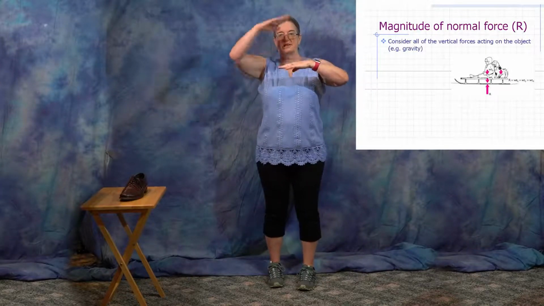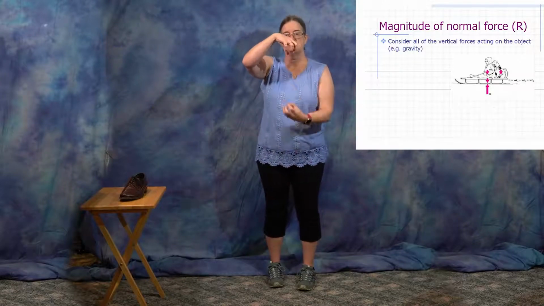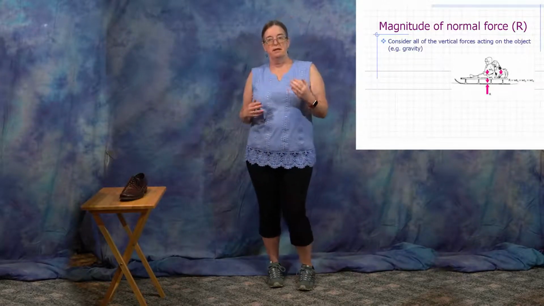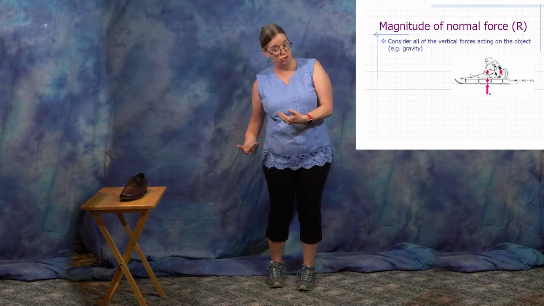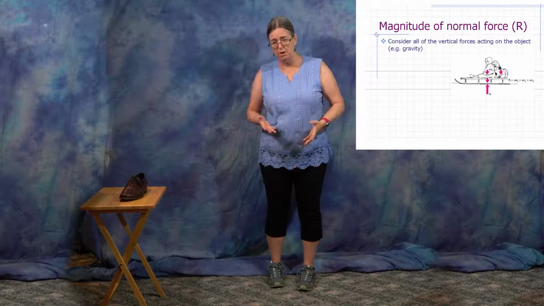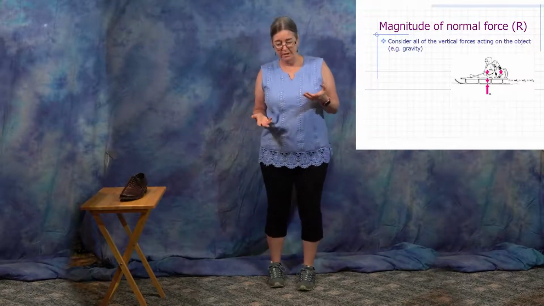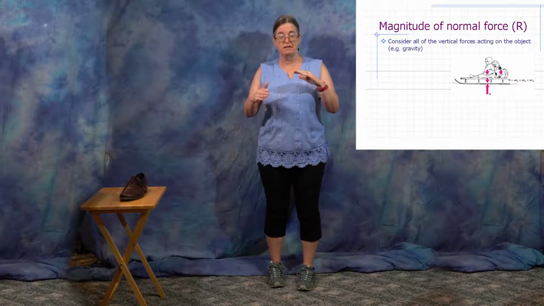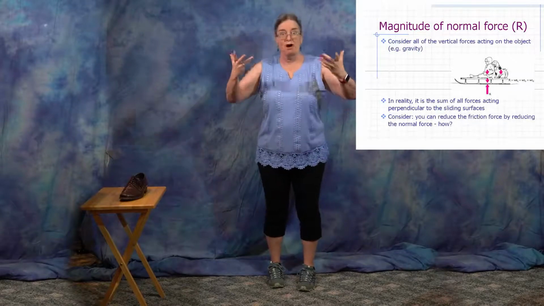And if it's not accelerating, if it's not going up and down, then the weight is the same as the force coming up, the force of the ground onto the shoe, for example, or in this case, the sleigh. So the normal force is the force of the surface below pushing up onto the surface above. Of course, if I was looking at it from the perspective of the ground, I would look at the opposite, but we usually are looking at it from the perspective of whatever's sitting on top of the ground.